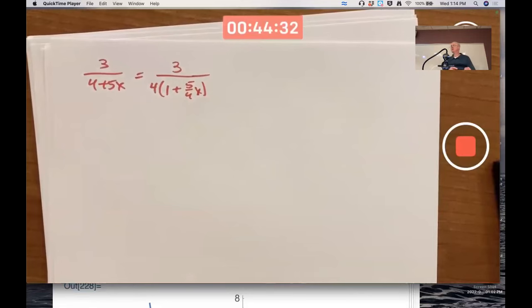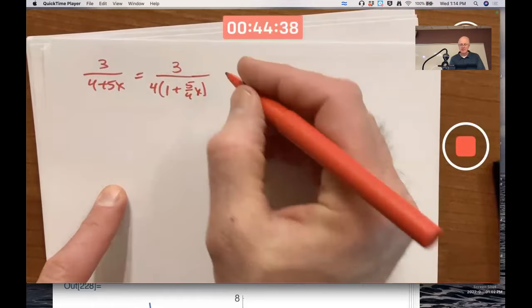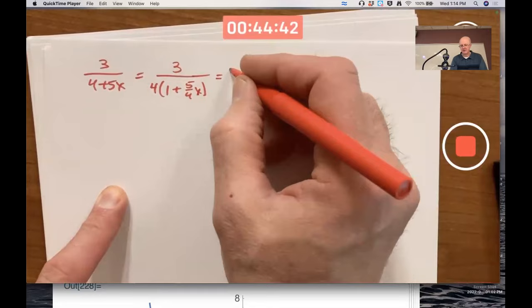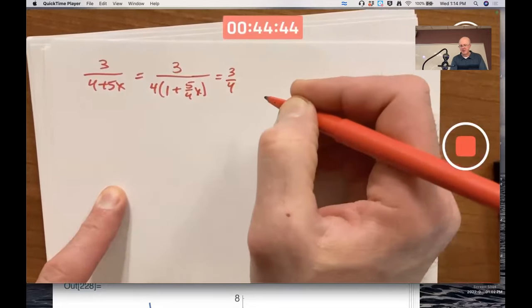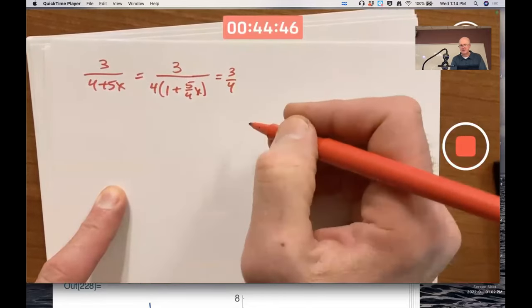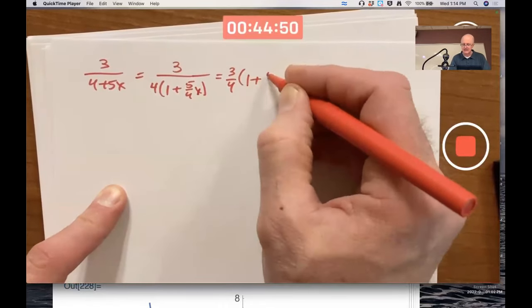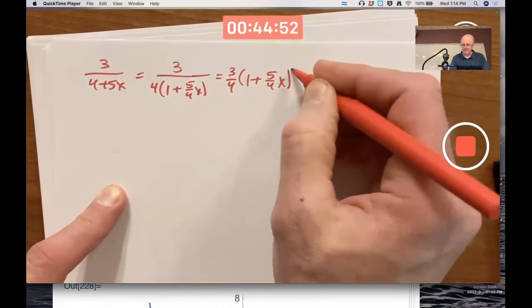I don't have to use Newton's binomial formula. I could use the fact that this is the sum of a geometric series, but I want to show you that you get the same answer with Newton's binomial formula. This time, put the 3/4 out in front and write this division by 1 plus 5/4 x as 1 plus 5/4 x to the -1 power.